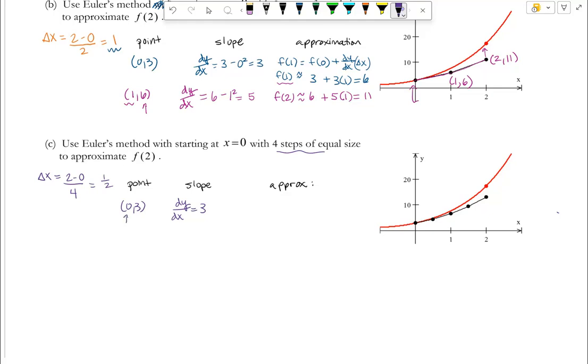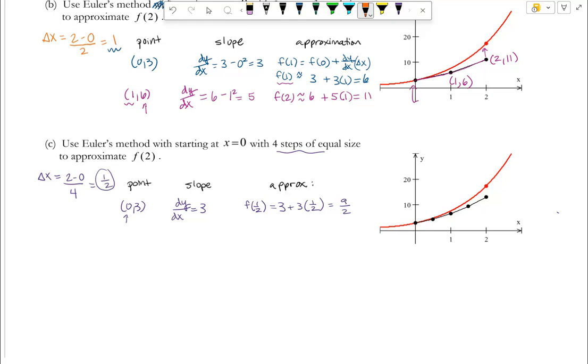I'm starting at 0, and my new input is going to be 1 delta x away from that, so 1/2. So f(1/2), my new value, is going to be my previous y value plus my slope times delta x, which is 1/2. And so we get 3 plus 3/2, which is 6/2 plus 3/2. We get 9/2 or 4.5.